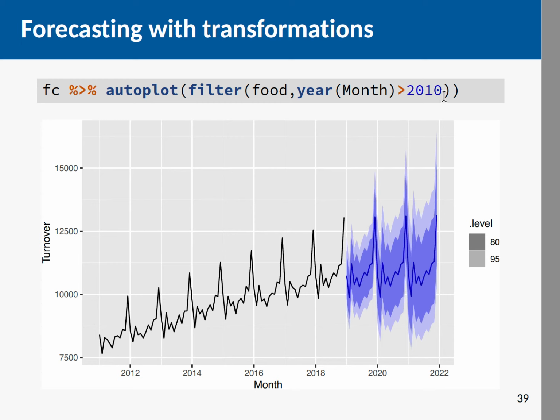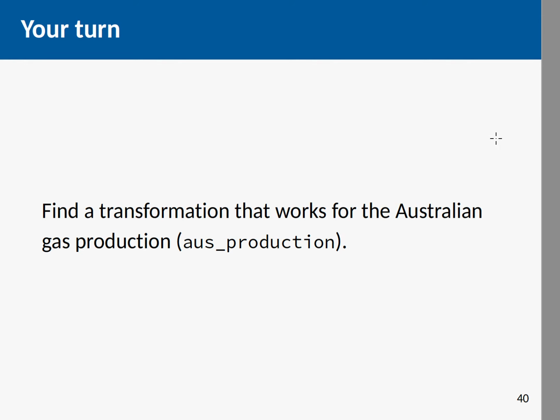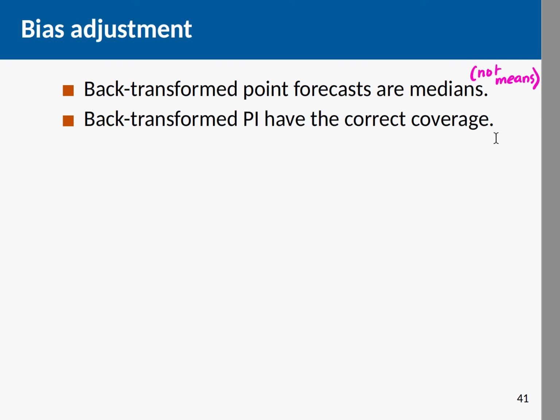And if you don't give the level equals null command, then this is going to produce 80 to 95% confidence bands around these forecasts. Now you can also try to do the same thing for gas production if you wanted to try.